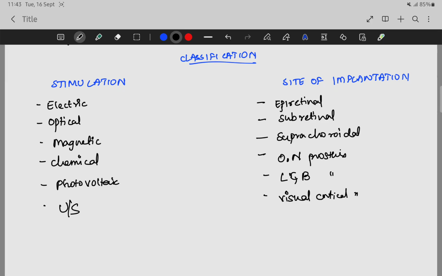Okay. So we'll discuss in detail based on the sites of implantation.